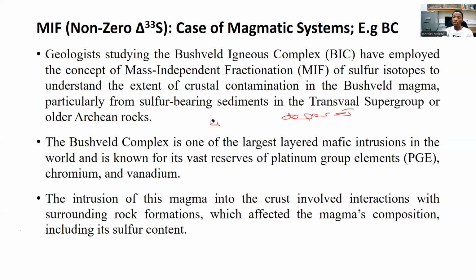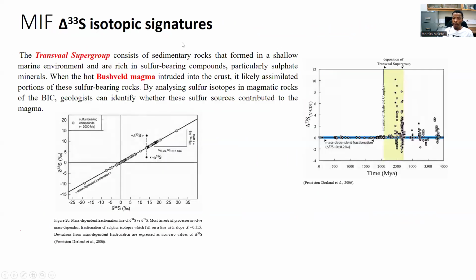Okay, so let's go to this one. Like we already mentioned, if you check here, this is the time during which the Transvaal Supergroup rocks were deposited. This is from Penniston-Dorland, 2006.